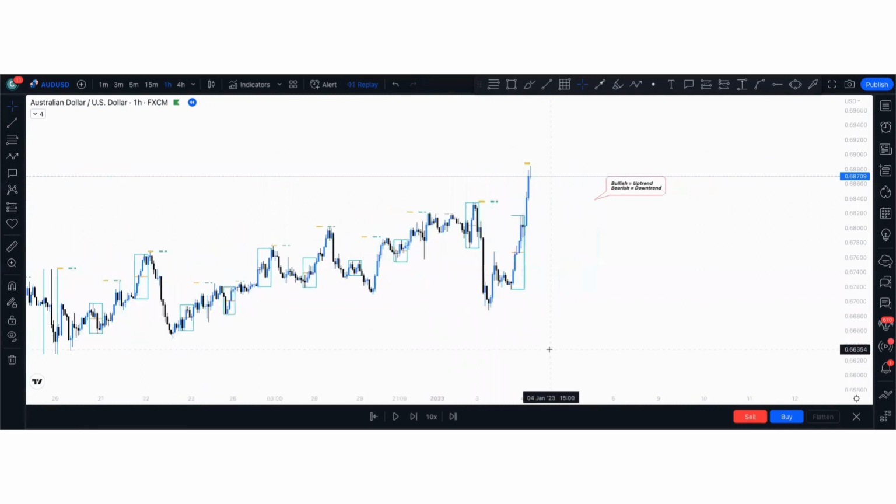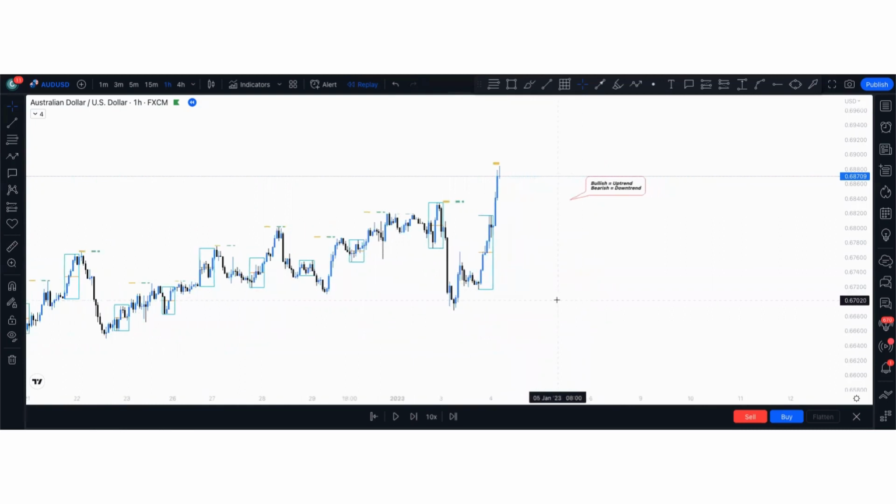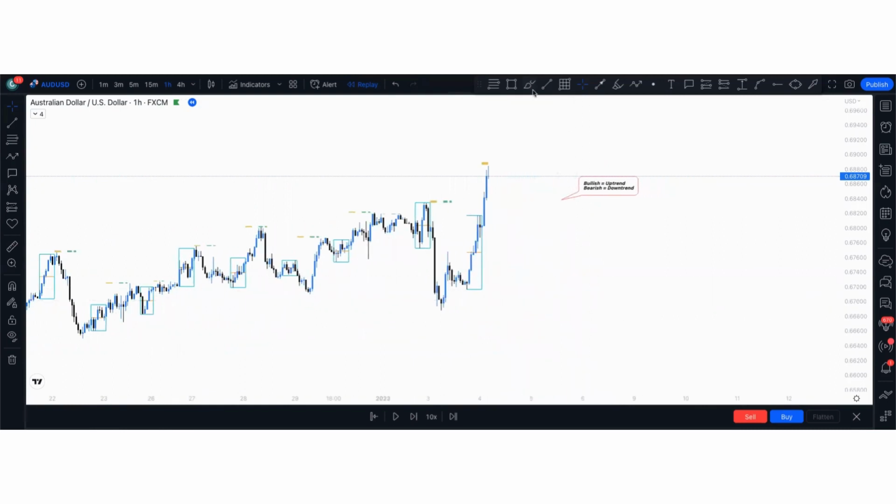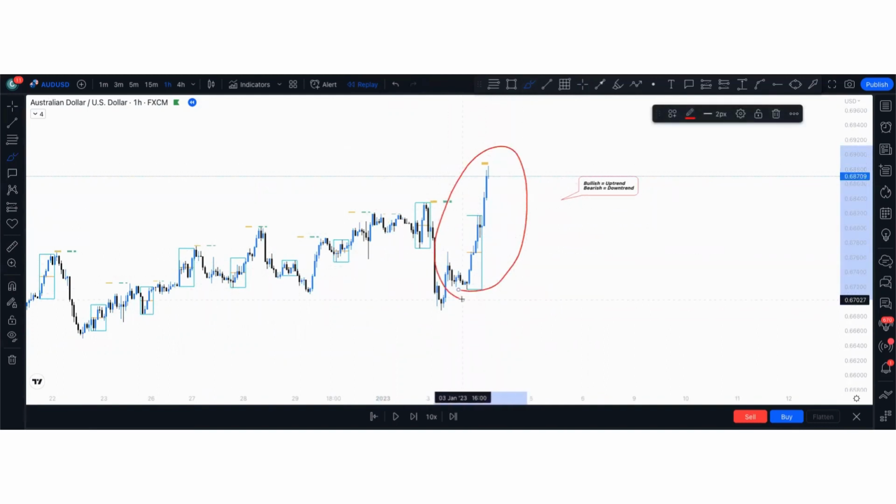Mostly I'm focusing on the recent move. Usually I wanted to see this move, and I want to see this move. It is obvious that the buyers are in control.